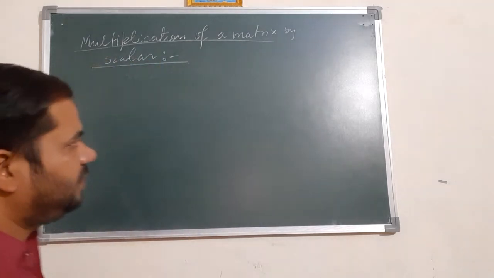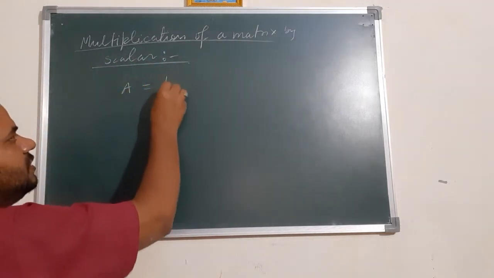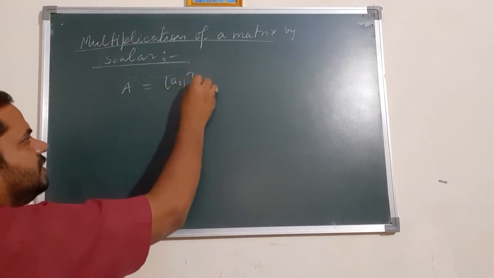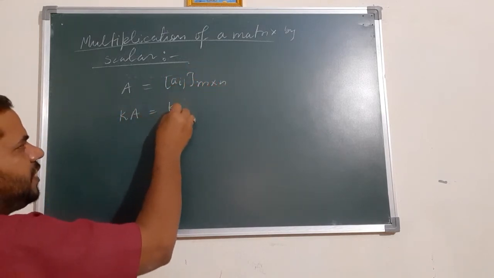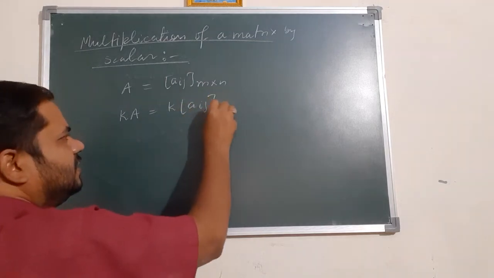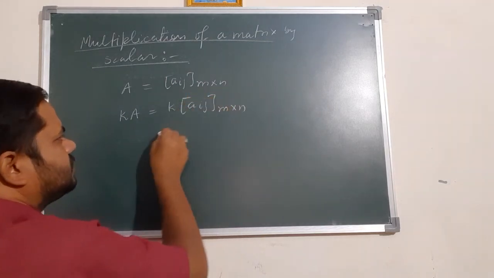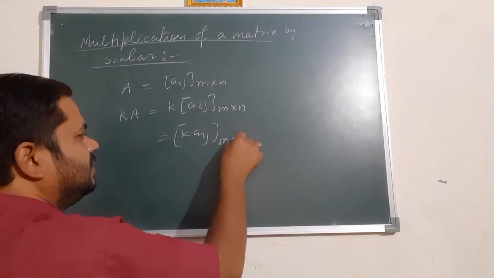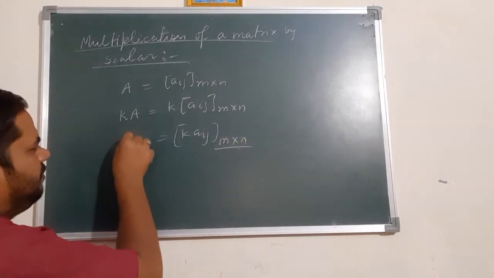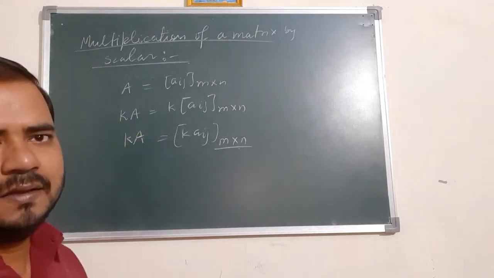This is so simple. If A is equal to Aij of order m cross n, then K times A is equal to K times Aij, of order m cross n. So K is multiplied by each element of the matrix.